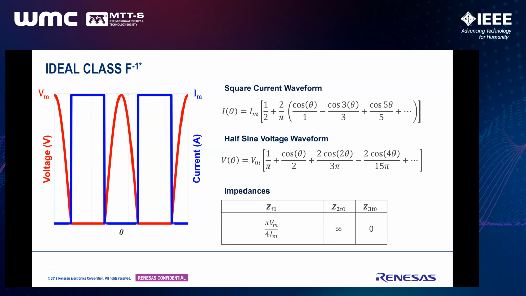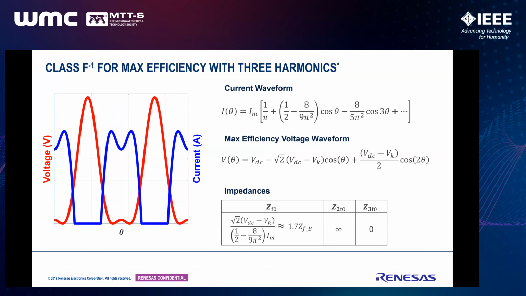That's why we cannot realize 100% efficiency in ideal inverse class F. So the reality would be we try to opt for up to third harmonic termination. That way, we still manage to stay very close to a half sinusoidal voltage waveform and close to a rectangular current waveform.